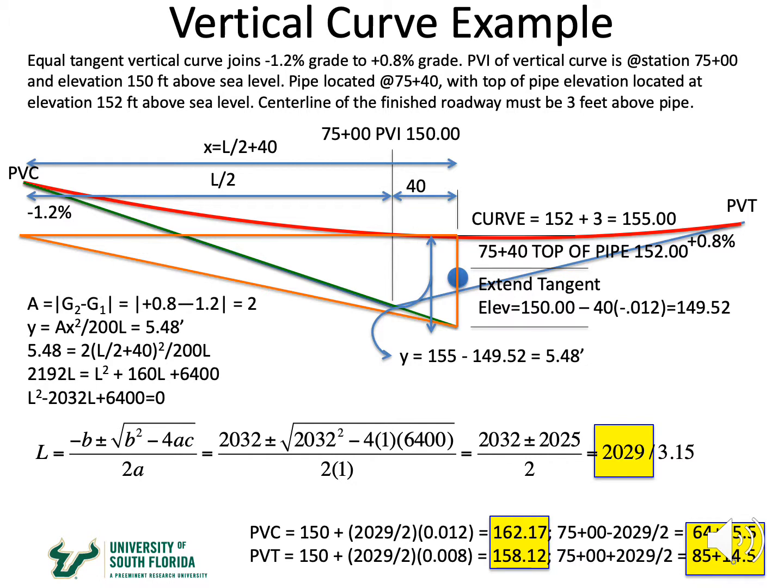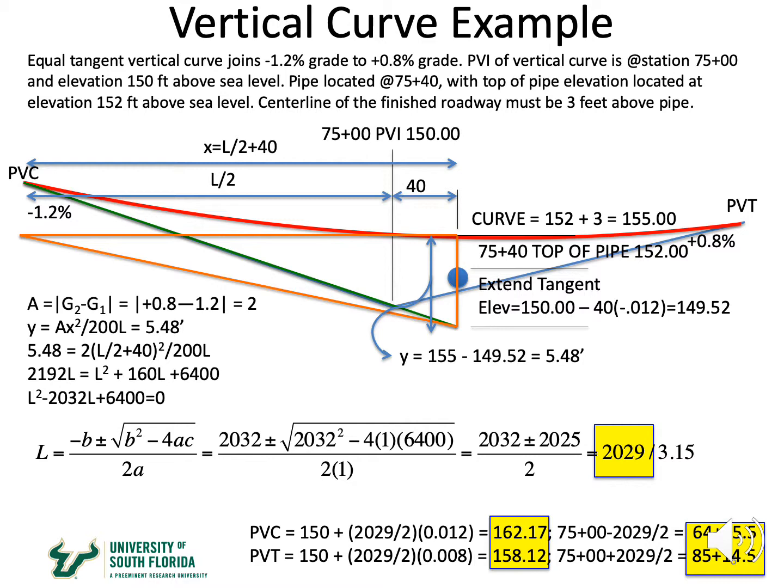And then the stationing is just going to be 75 plus 00 minus 1/2 L, 2029 divided by 2. So the stationing of the PVC is 64.85, and the stationing of the PVT is 85 plus 14.5. So that's a great classic example of a vertical curve, a sag vertical curve with control point.